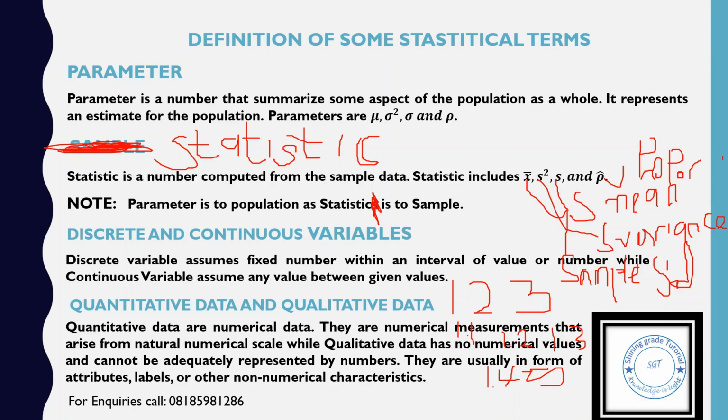So for qualitative data, what do we call them? We call them categorical data. Don't mind my handwriting, I'm sorry.